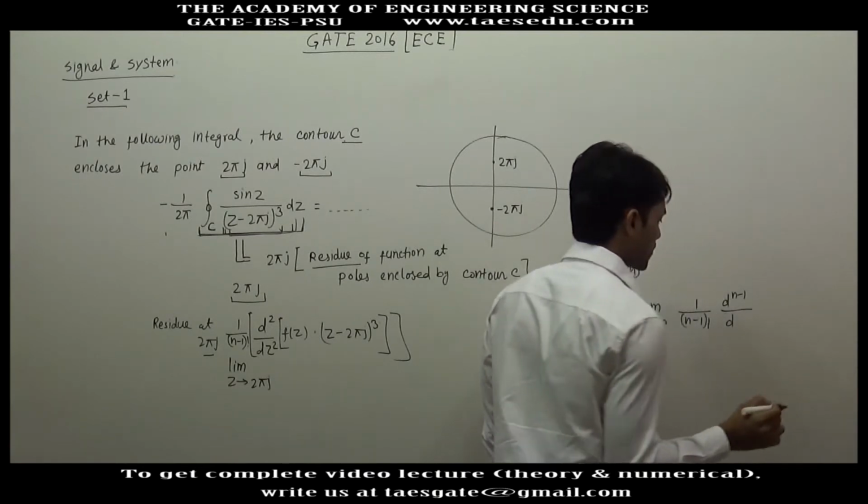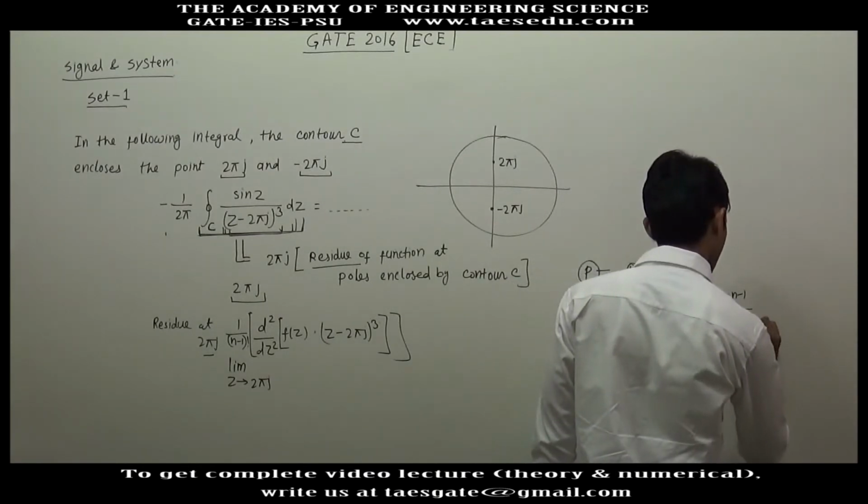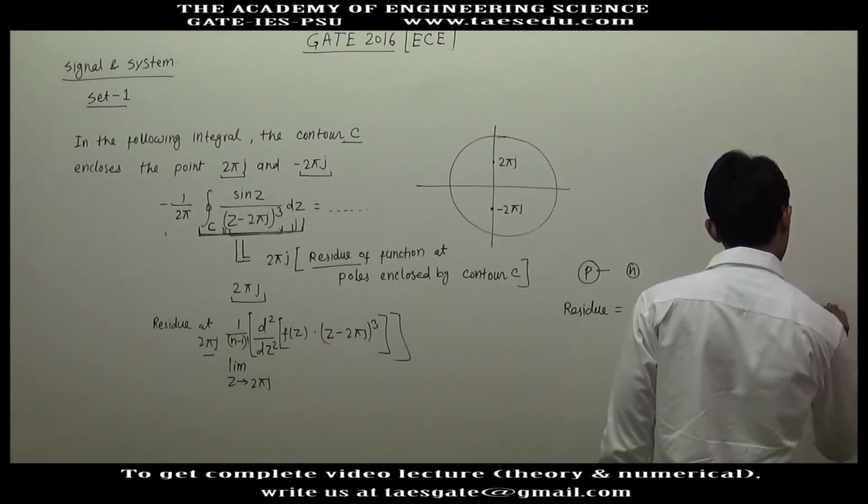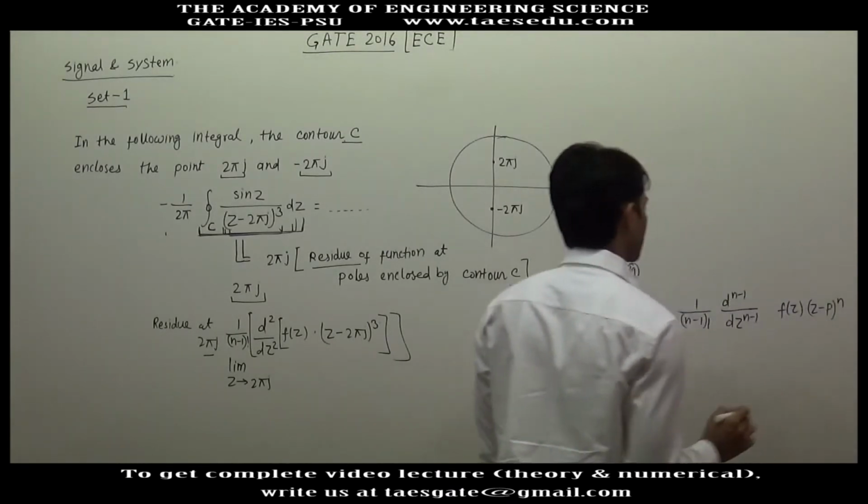The order of differentiation will be n minus 1, of f(z) into (z minus p) to the power n.